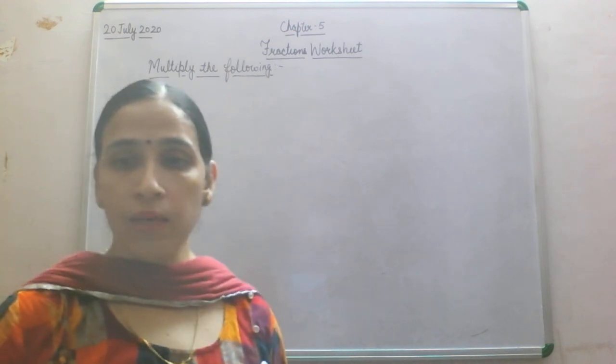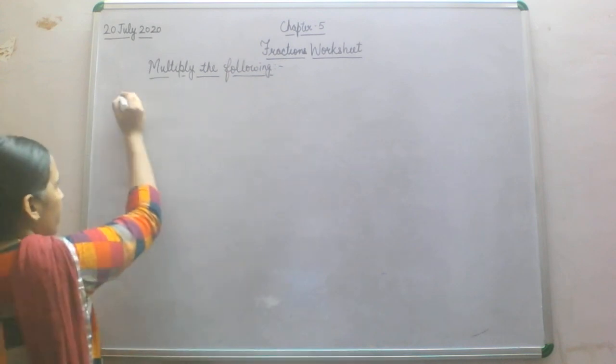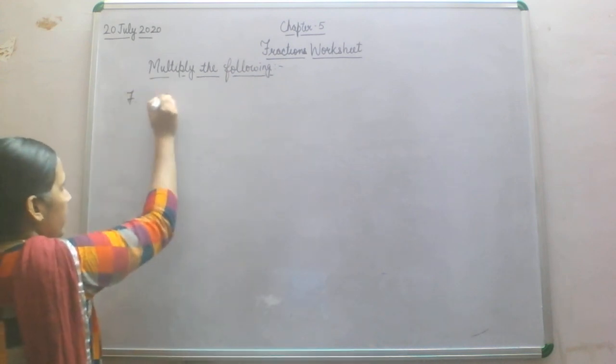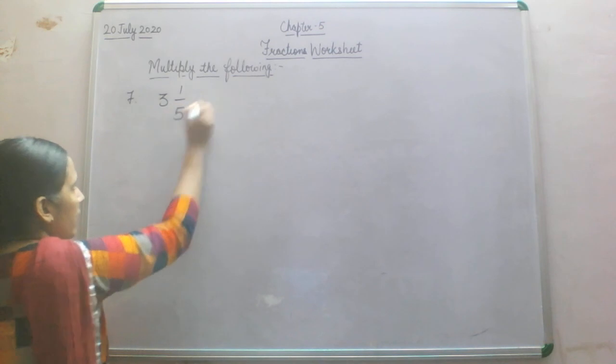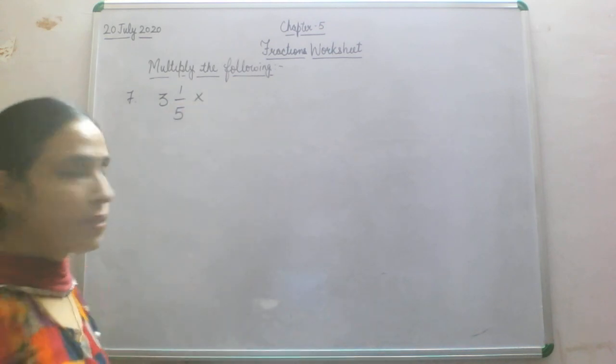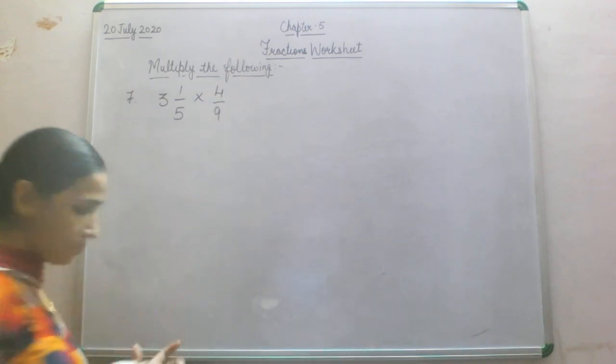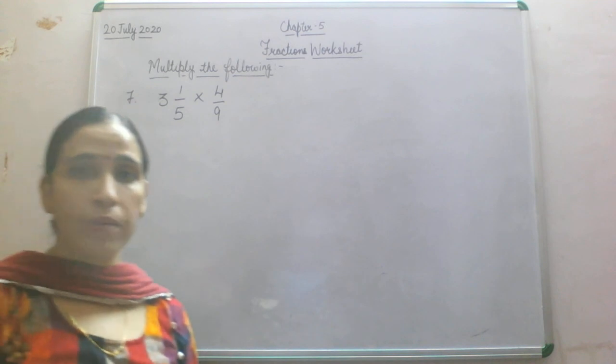So children, our last question, the 7th one, is 3 1/5 multiplied by 4/9. Fine. So this is our last question.